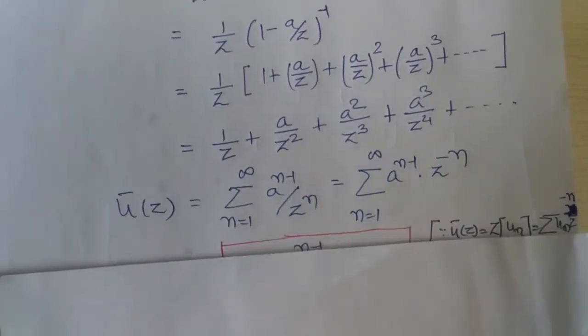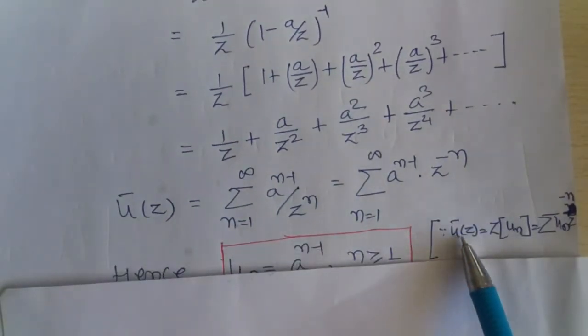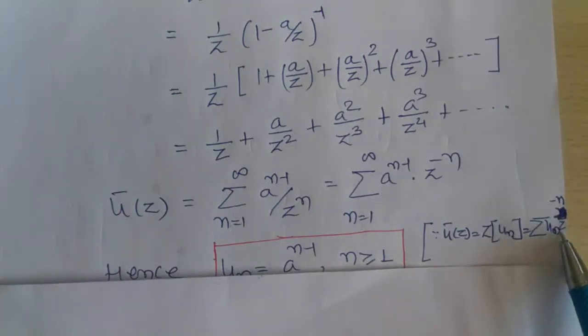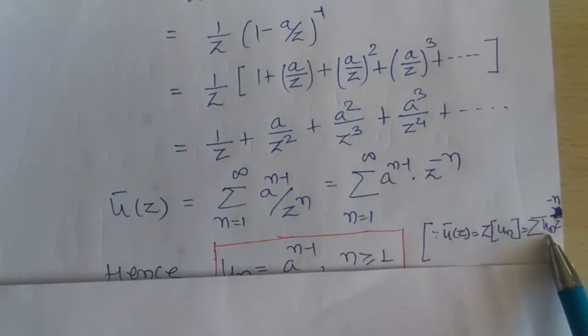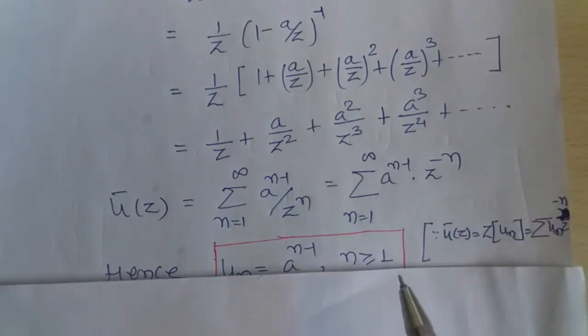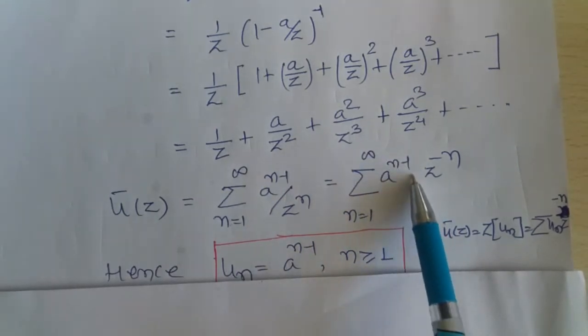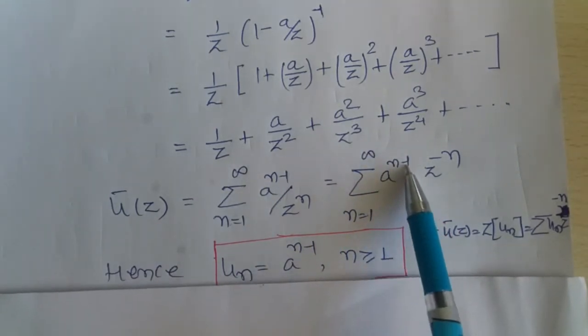Now U bar Z is what? Z transform of Un, which is summation Un Z power minus n. So the coefficient of Z power minus n is the required inverse Z transform. So here the coefficient of Z power minus n is A power n minus 1.